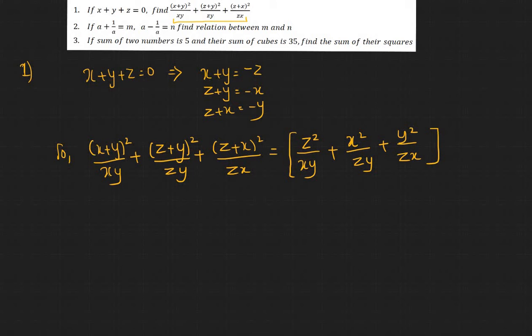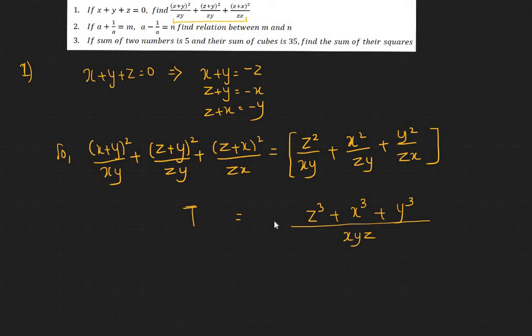The next step would be obviously to make your denominator a common denominator. So that would be xyz. And here it would be z cube plus x cube plus y cube. And on the left side you have this term t is equal to.